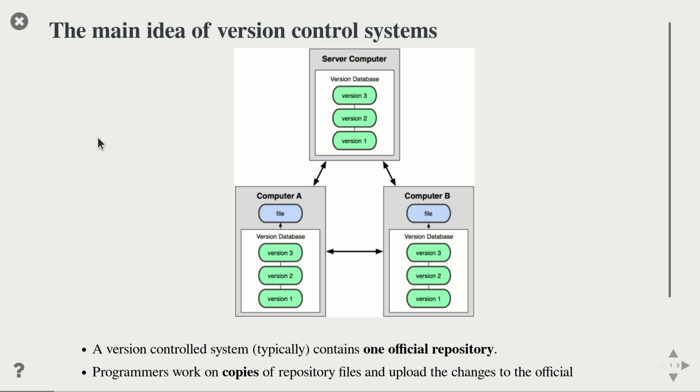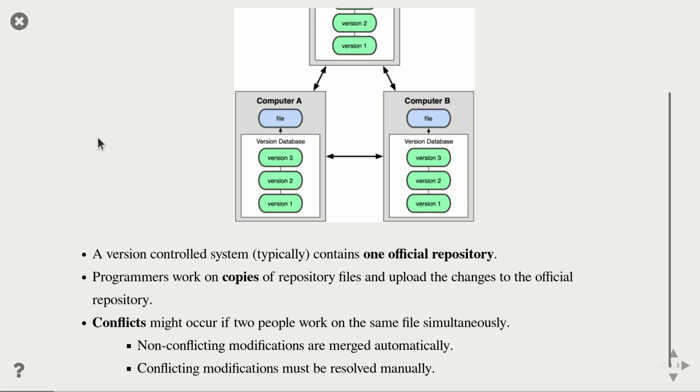When two people are working on the same documents, it's not uncommon that there are conflicts. There are two types of conflicts. There are conflicts that can be resolved automatically. Imagine one person is working on text file A, and the other person is working on text file B. Then they create new versions, and you're trying to sync them, and that's very easy, because the changes are in completely different documents.